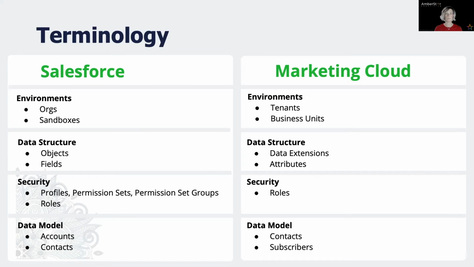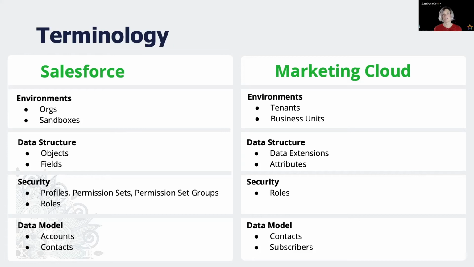And unlike Salesforce, it is not quite the same terminology, which controls what you can see. And then equally with the data model, we've got contacts and accounts as some of the primary places where data is modeled within Salesforce, whereas the terminology is subtly different in Marketing Cloud. We're talking about contacts, which is very analogous but has some subtle differences, and then also subscribers, which is a subset of the contact functionality.